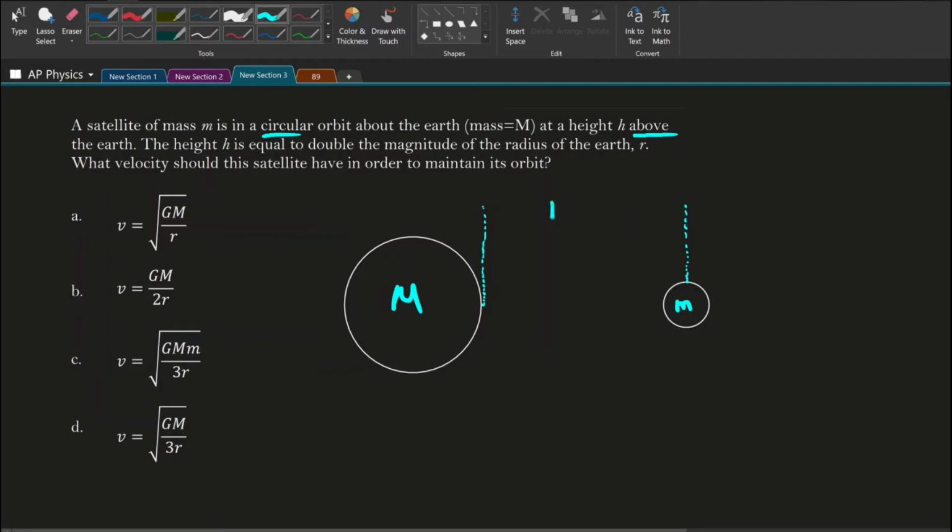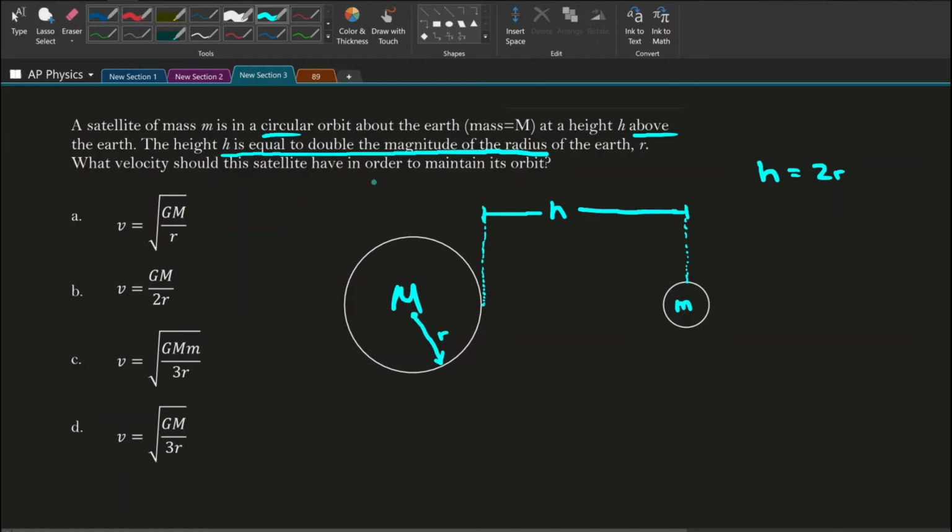So they tell us that this right here, h, the satellite is h above the surface of the Earth, and we know that the radius of the Earth is equal to r. They also tell us that h is equal to double the magnitude of the radius, so h equals 2r.